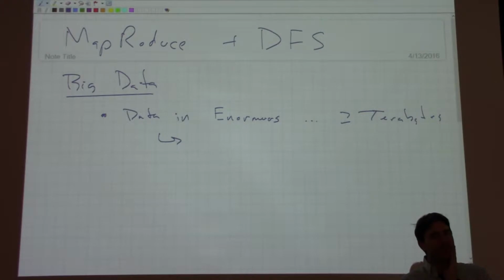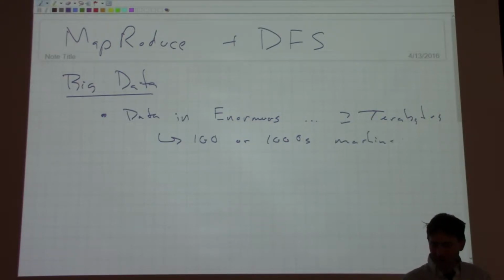A few of you ran into problems when dealing with data because you said, well, if I manipulate it this way, it's not going to fit on my laptop or not in my memory anymore. But MapReduce is meant for when it needs to fit on hundreds or probably thousands of machines. Okay, so this is really, really big data.